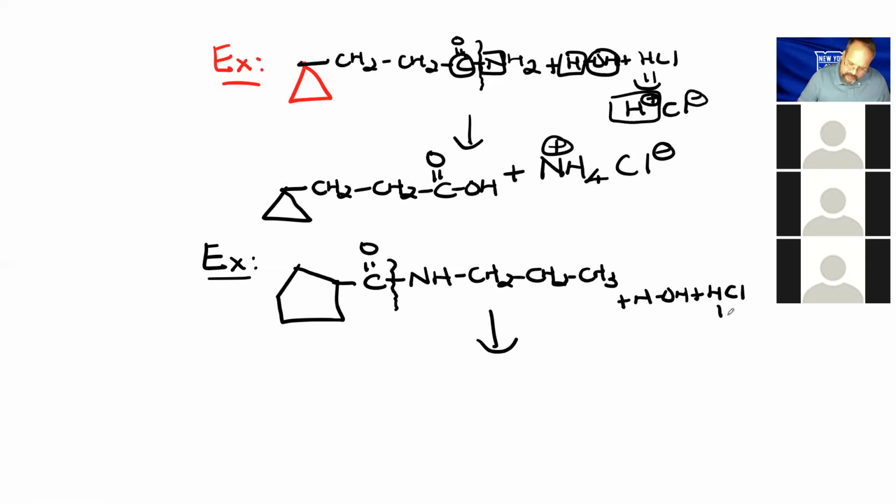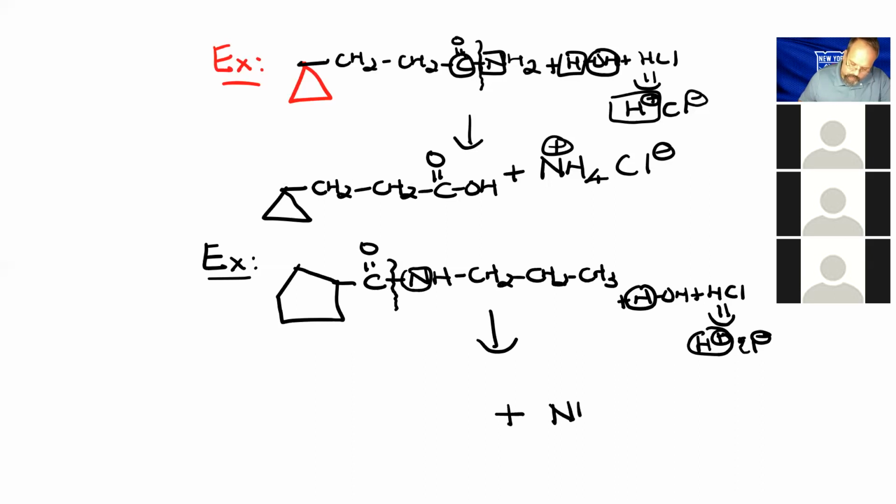And then again, HCl, we're not going to think about it as HCl. We're going to think about it as H plus and Cl minus. All right. So the nitrogen is going to pick up two hydrogens, one from the water and the other, the proton from the acid. So for the nitrogen product, it has one hydrogen attached to it.